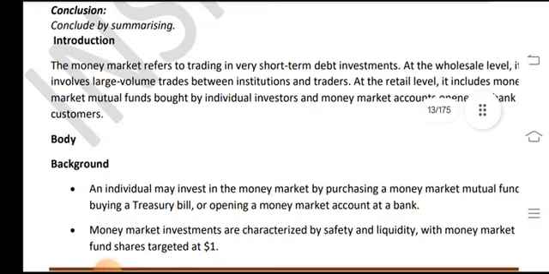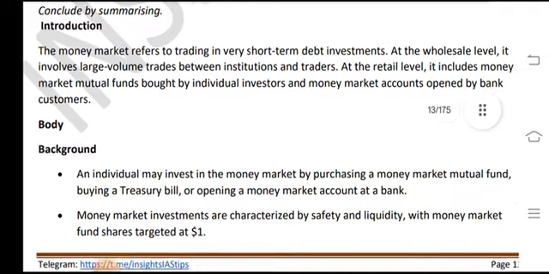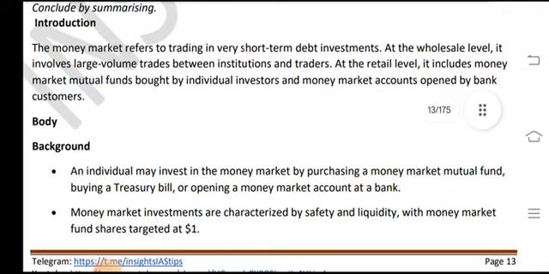Money market refers to the trading in very short-term debt investment at the wholesale level. It involves large volumes and trades between institutions and traders. At the retail level, it includes money market mutual funds bought by individual investors and money market accounts opened by bank consumers.